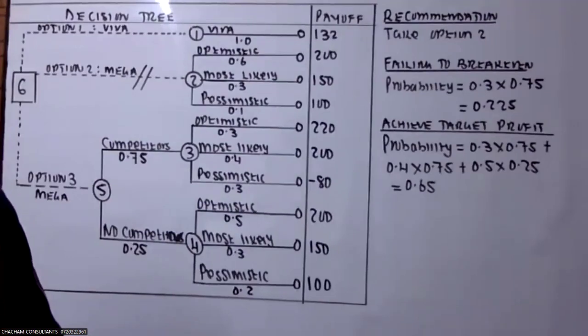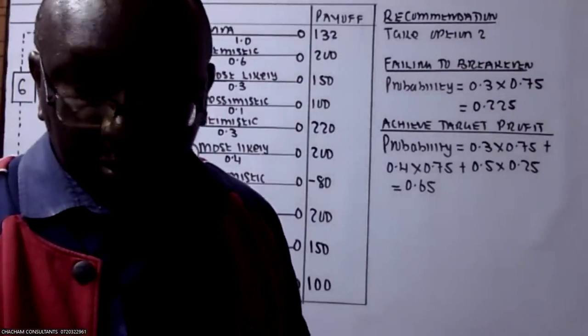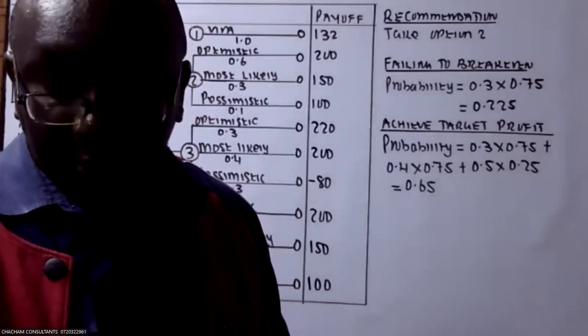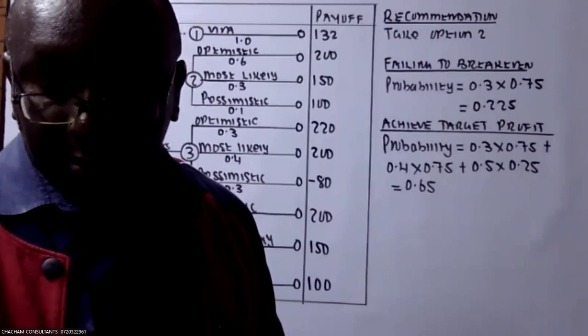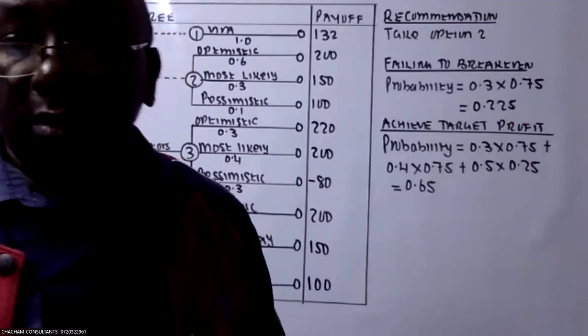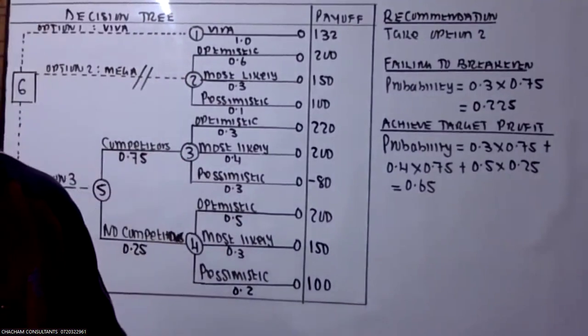Mwalimu, I was wondering, in option 2, Zesco Television can acquire perfect information from a consultant at a cost of 50 million before the launching. I was wondering about that amount, or was it just a distraction?